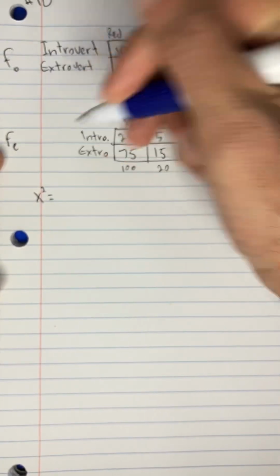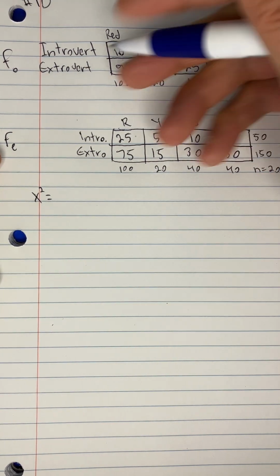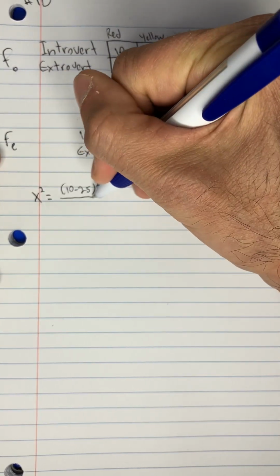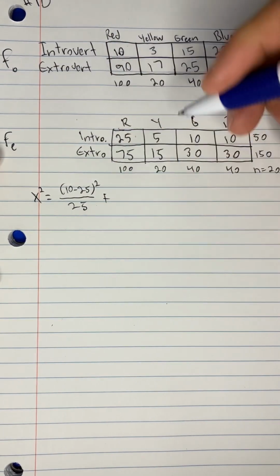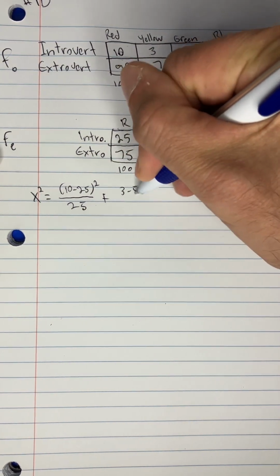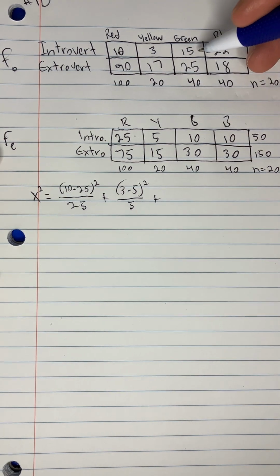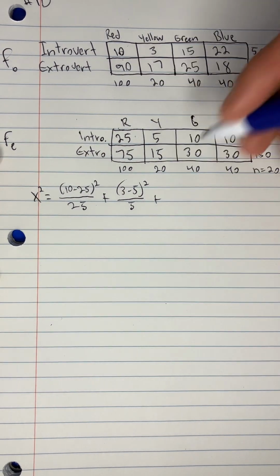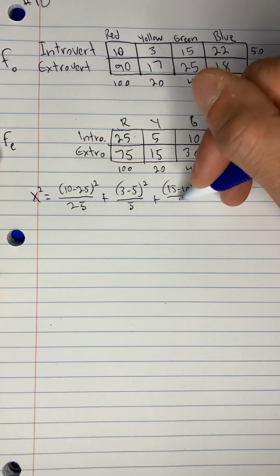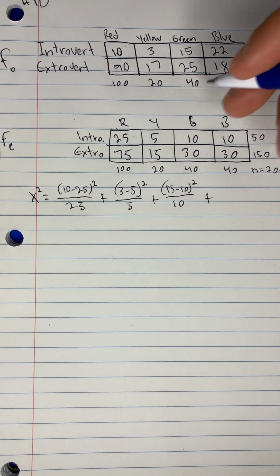So chi-squared equals 10 minus 25 squared over 25, plus 3 minus 5 squared over 5, plus 15 minus 10 squared over 10, plus 22 minus 10 squared over 10.